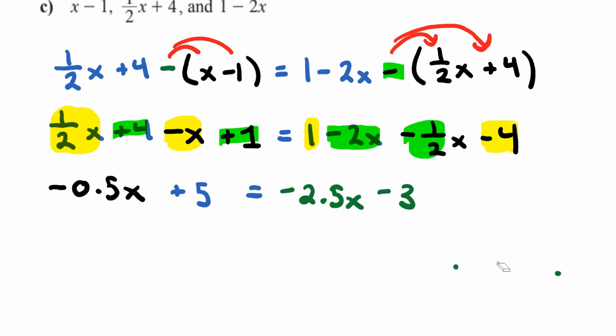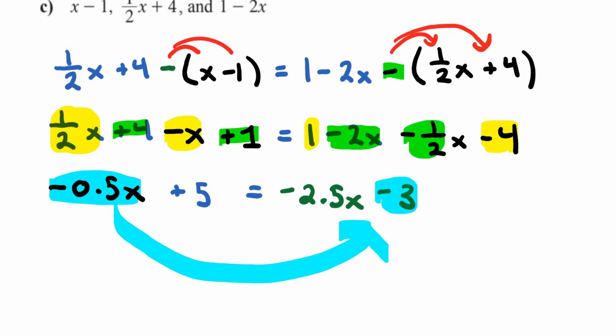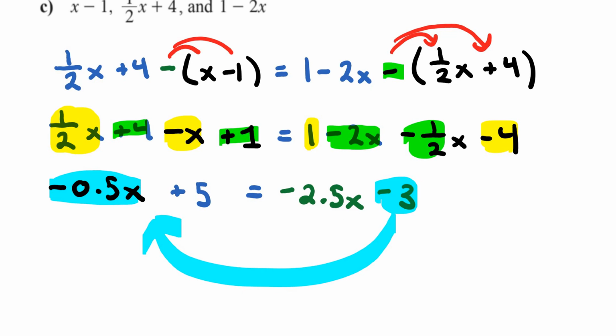All right, so now we're in a very similar situation to the previous question where I have some variables on the left-hand side and some numbers on the right-hand side. So let's go ahead and just interchange those two terms. So the negative 0.5x, we want to move that to the right-hand side, and the negative 3, let's move that to the left-hand side.